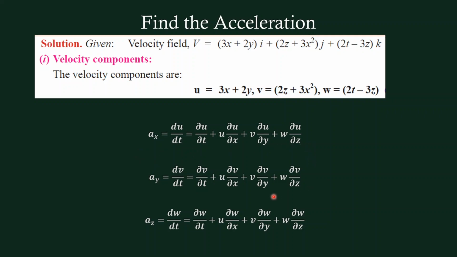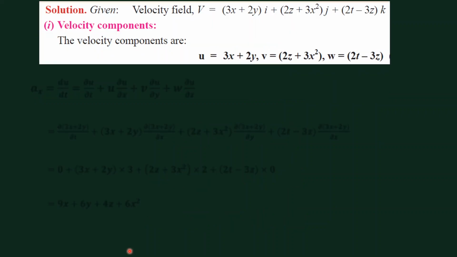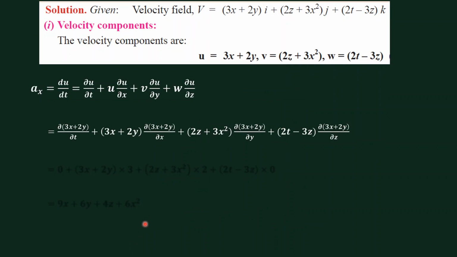Similarly, in y direction, we can write the acceleration as this one, and in z direction, a_z equals dw by dt, and it will appear like this. Now the only thing that we need to do is put the values of the expressions for u, v and w as applicable, and we'll get this kind of an expression where del u by del t is del by del t of 3x plus 2y, and 3x plus 2y is u.